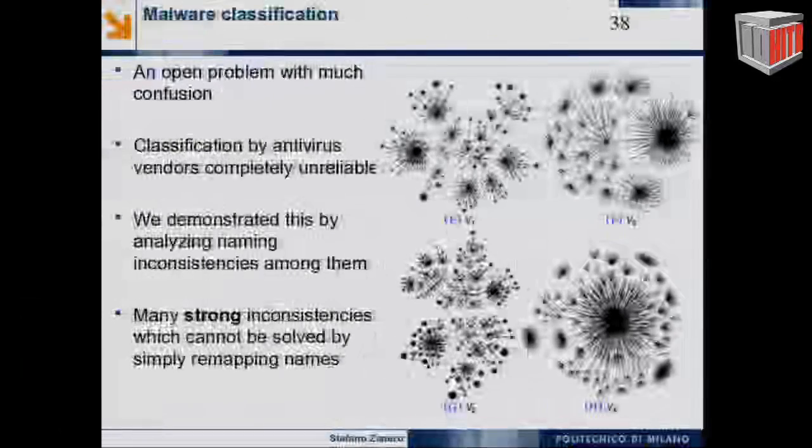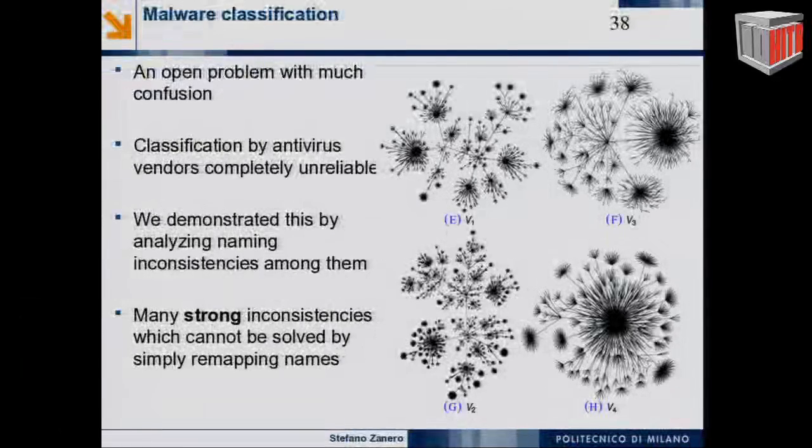I'd like to conclude my talk with the presentation of a future issue that we are going to address, which is the issue of malware classification into families. Basically, this is an open problem with much confusion. And classifications given out by antivirus vendors are completely unreliable, which is not a bash against vendors.